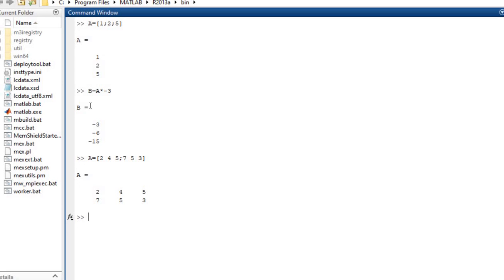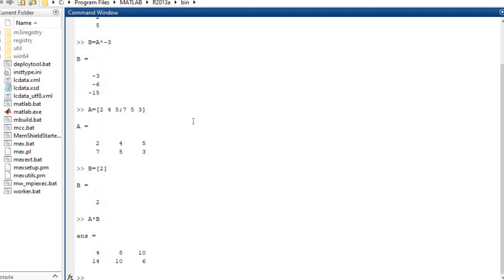Here I will take another one, B equal to a single element, 1 by 1. So now it's possible to multiply A star B. So A, what is the value? 2, 4, 5. What is B? 7, 5, 3.